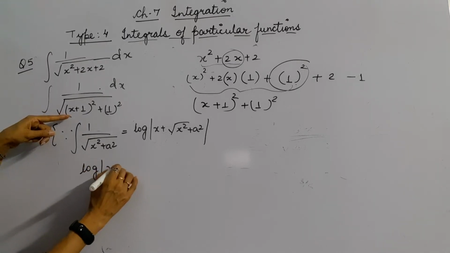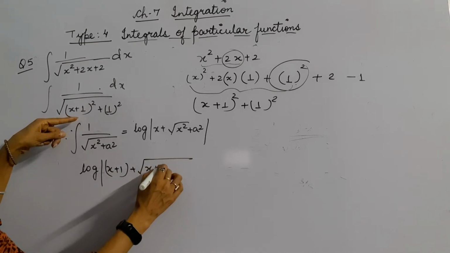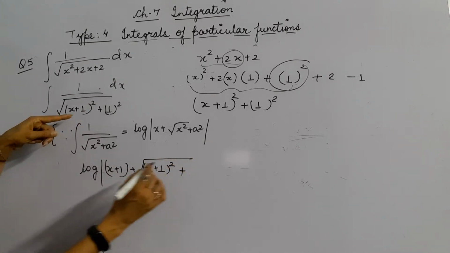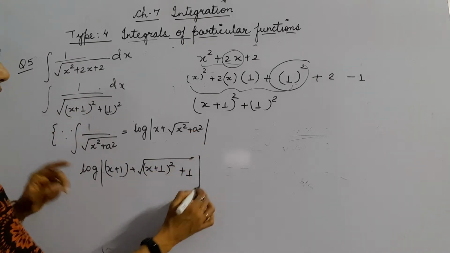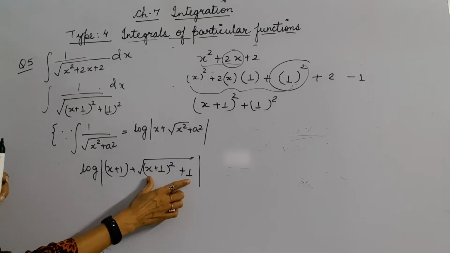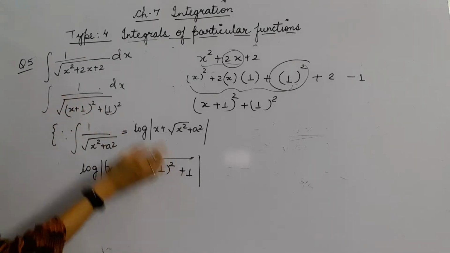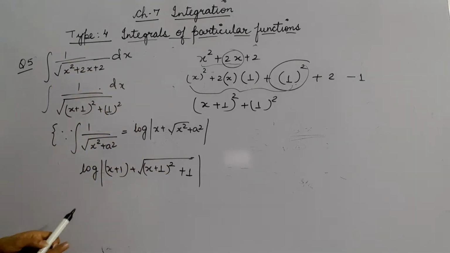Your x is x plus 1 plus under root x square, which is x plus 1 whole square, plus a square is 1. You just simplify it and get the answer. Write the answer in simplest form. So if you will be simplifying it, you will be getting this only. So in place of this, you can write x square plus 2x plus 2. That's it.